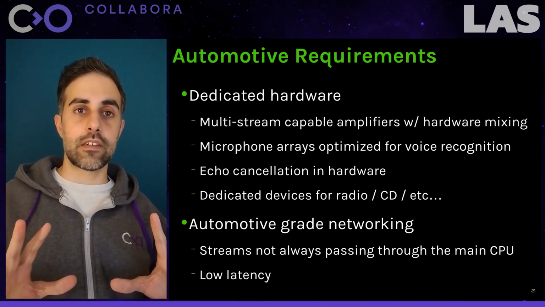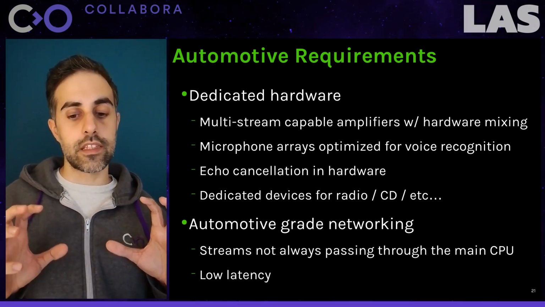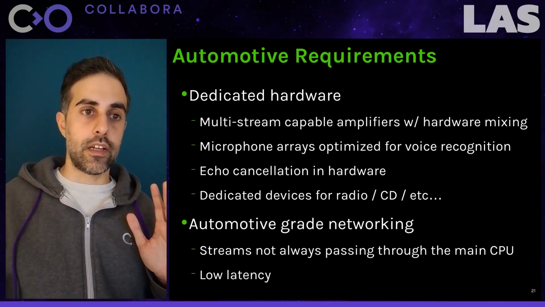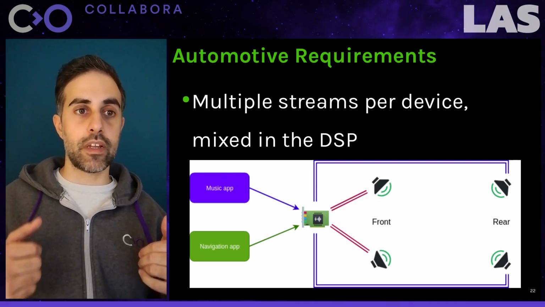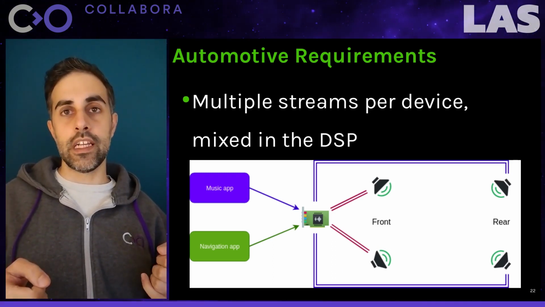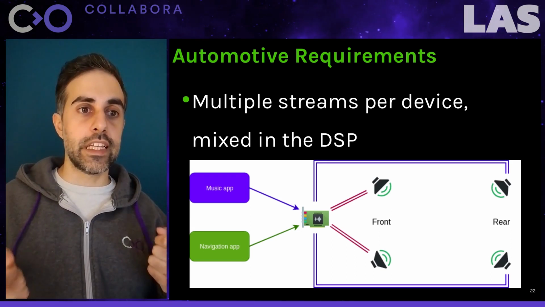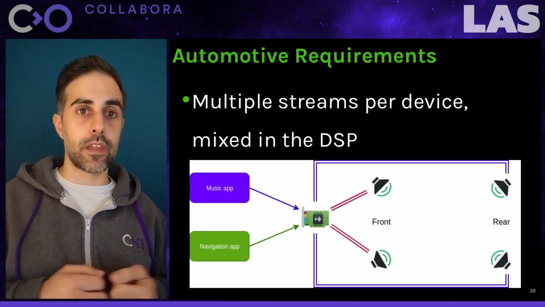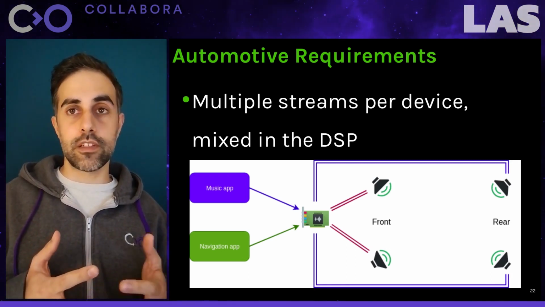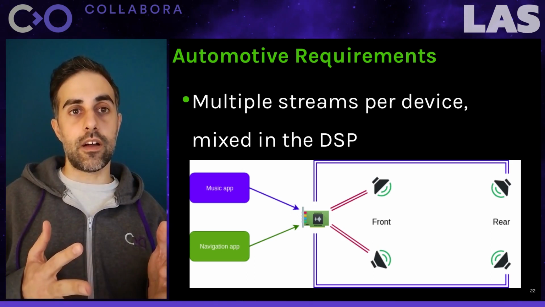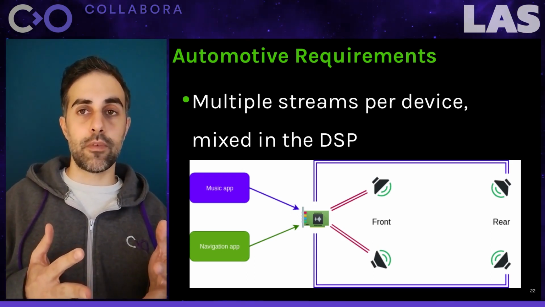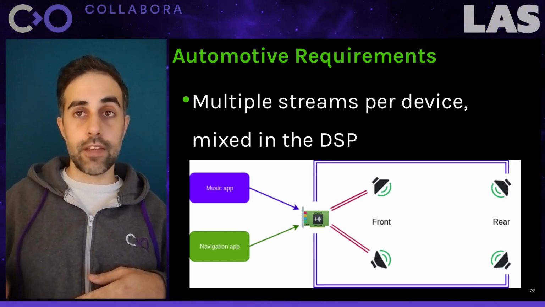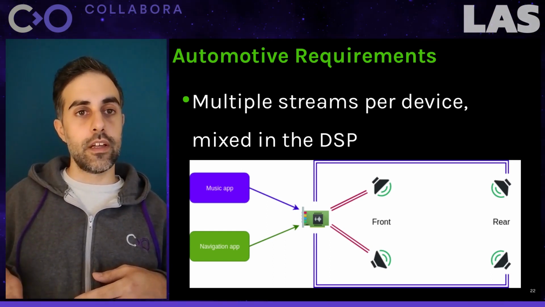So there is quite some complexity there, and the thing that is important when you write applications for such a system is for the application to declare its intent when it connects. Because, for example, one important thing to consider is what happens when you have an application playing music and an application trying to give you instructions on the road to navigate you.